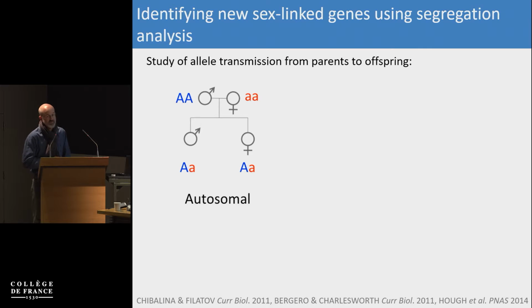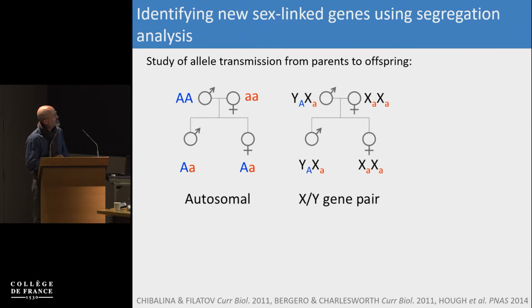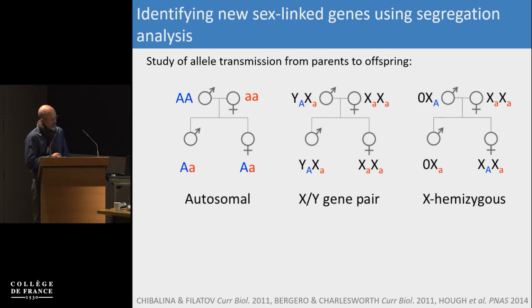Here it's obviously an autosomal marker. Here you see that this big A allele goes from the father to the sons. So it's an XY gene pair, with big A being the Y allele and little a the X allele.